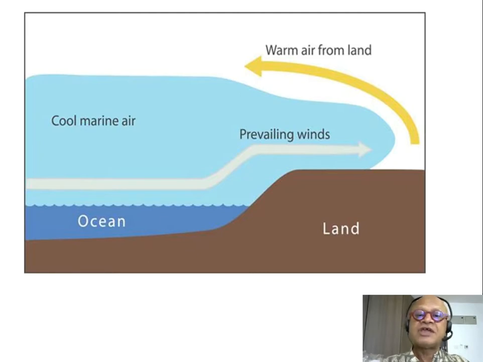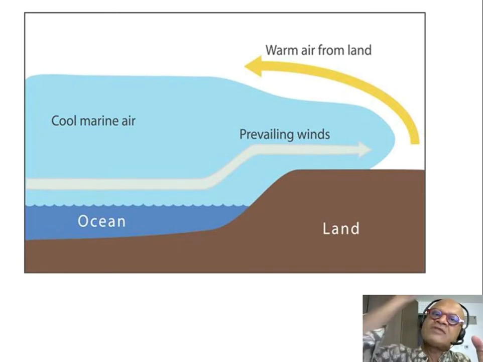You can also create it by situations like this, where you have prevailing winds bringing in cool marine air onto land and running into the warm air that's on land, and the cold air forces the warm air to rise on top because it's lighter.